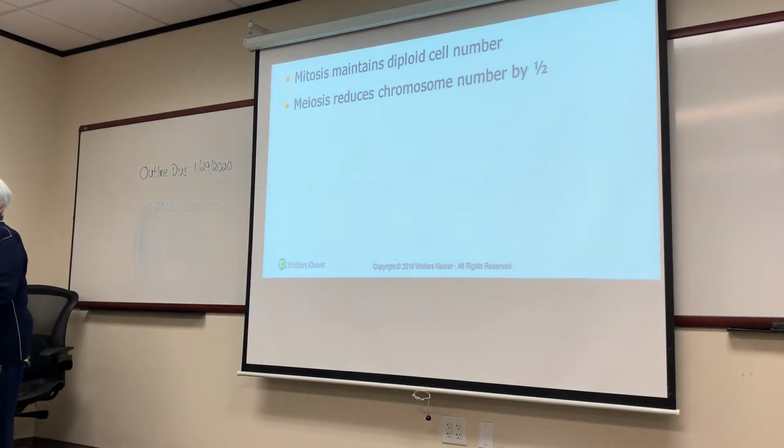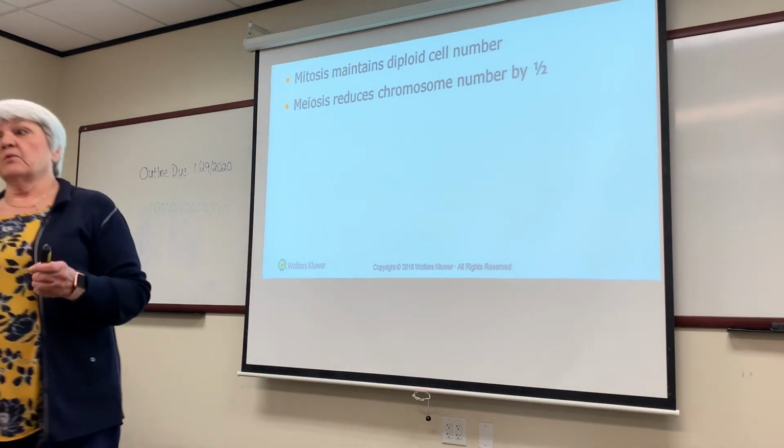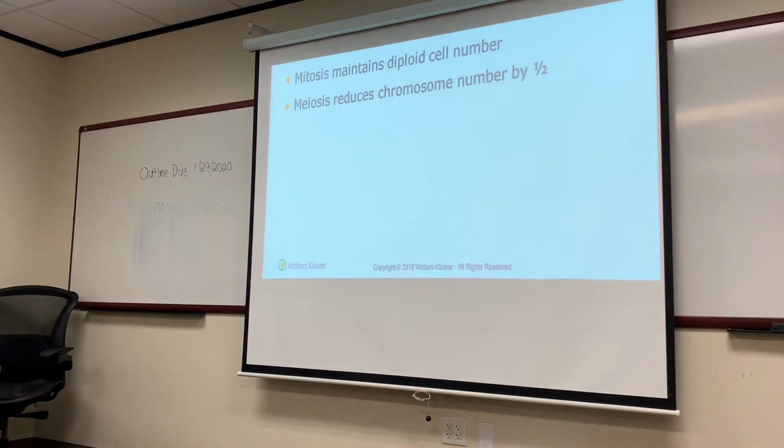Now, a student brought it to my attention that part of the book says it's 13 weeks and part of the book says it's 12 weeks. I learned it at 12 weeks, but it depends on the material that you read, the author, on whether we take that crown rump length to 12 weeks or 13 weeks.